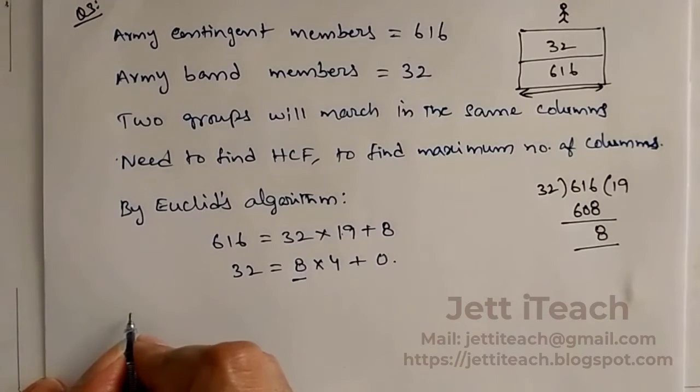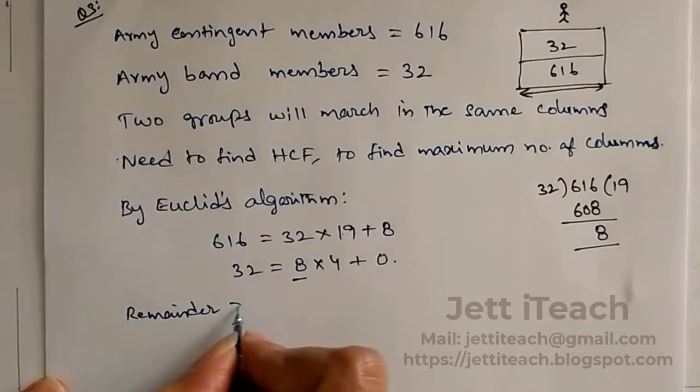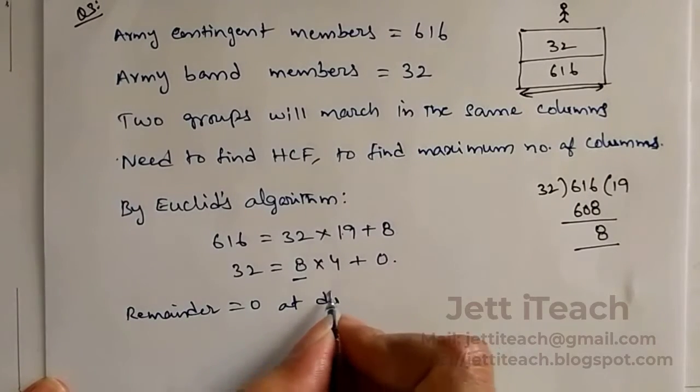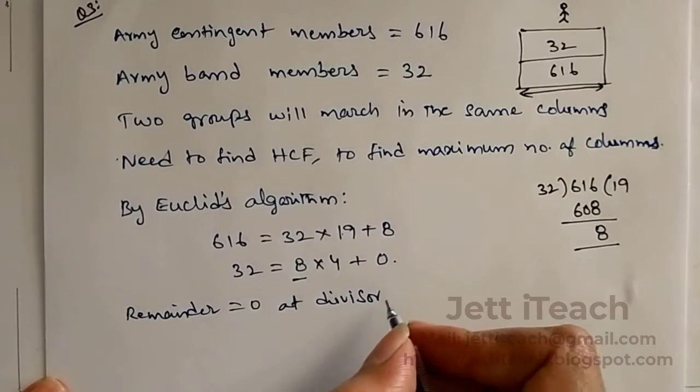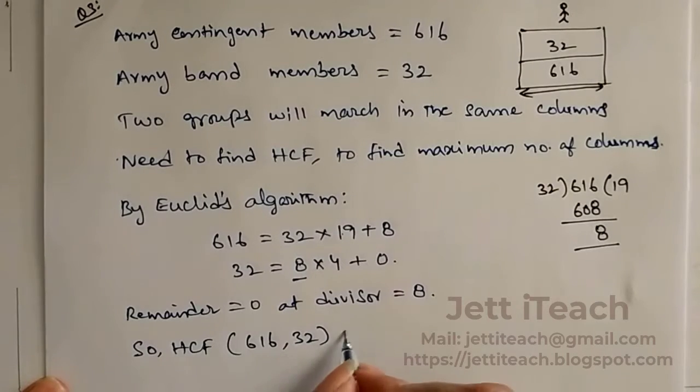At remainder 0, the divisor is 8, so HCF of 616 and 32 is 8.